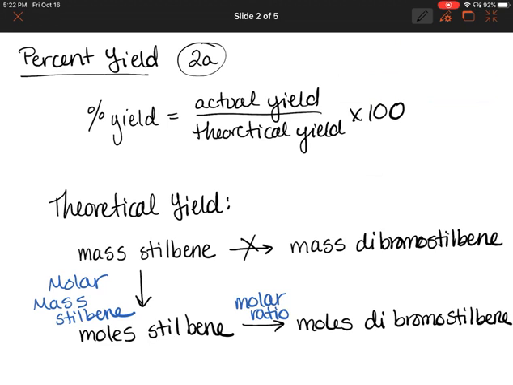So now in the last step, we're going to convert moles of dibromostilbene to a mass. So how do we do that? Using molar mass. So we'll calculate the molar mass of dibromostilbene.